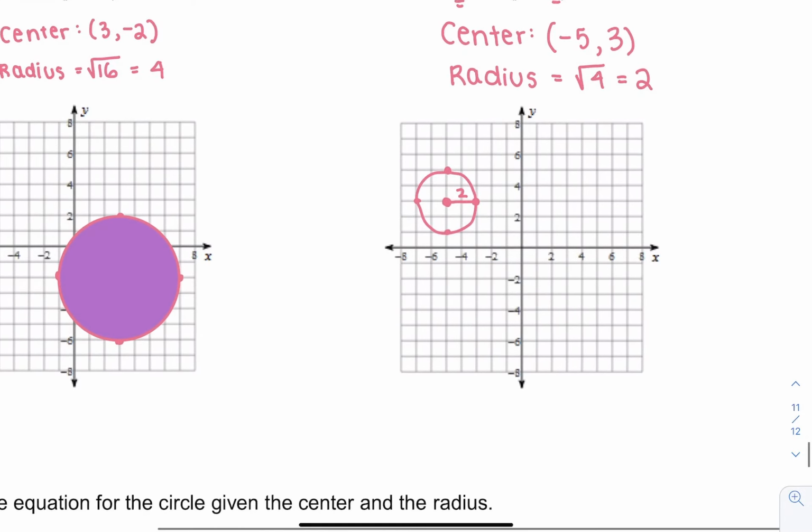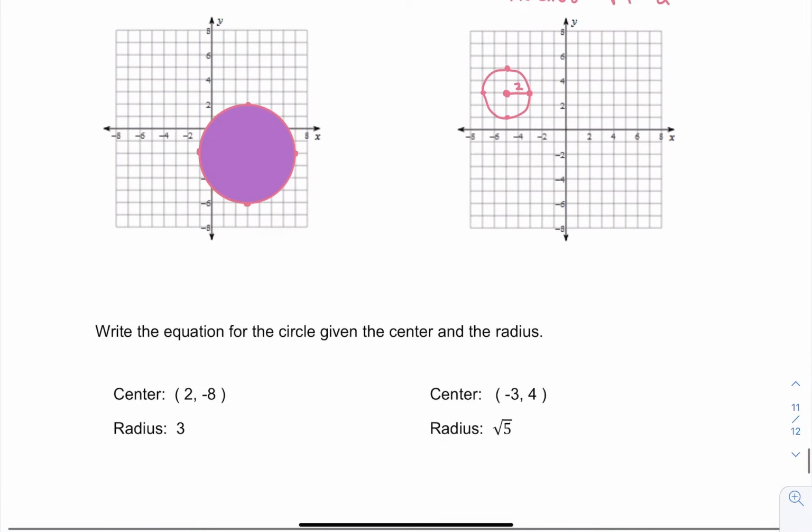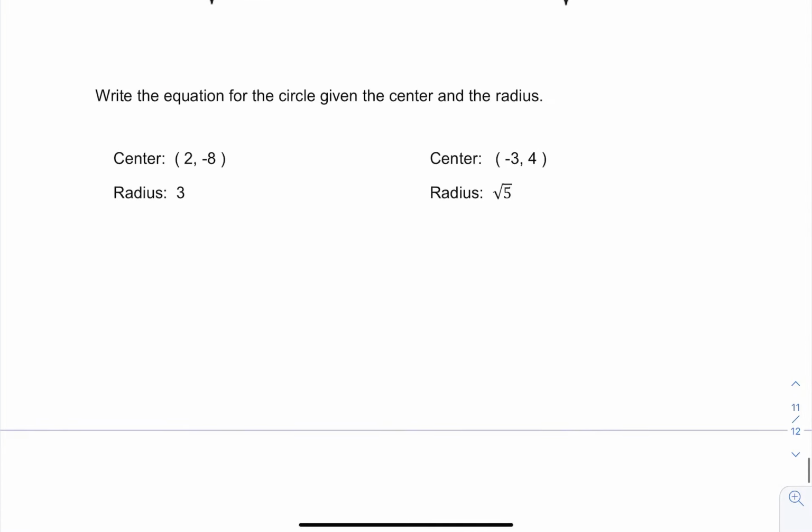Now the last thing we can do is, if we have the center and radius, we can write an equation for the circle. So I like to write out the general equation and then fill it in. So I like to label this H, K, and R, and then I plug right into my equation. So x minus h becomes x minus 2 squared. A lot of times people forget to write the squared there.